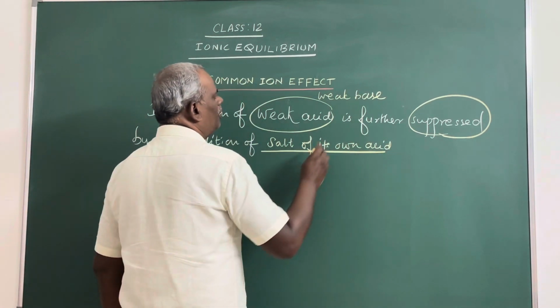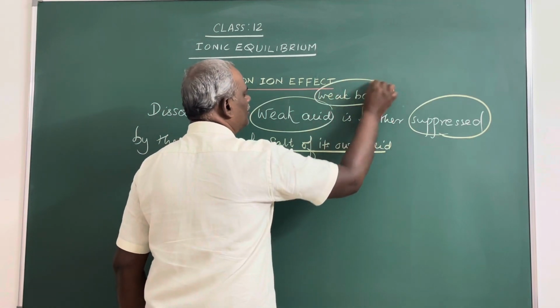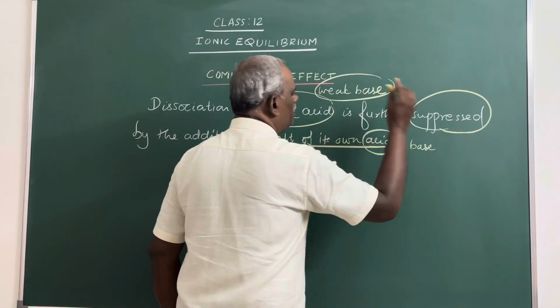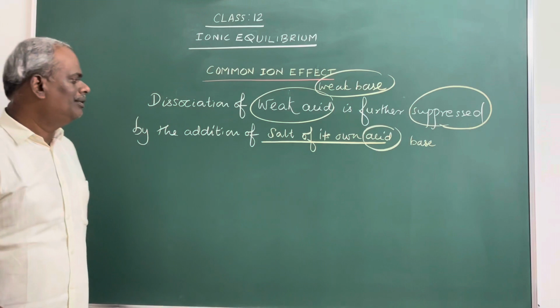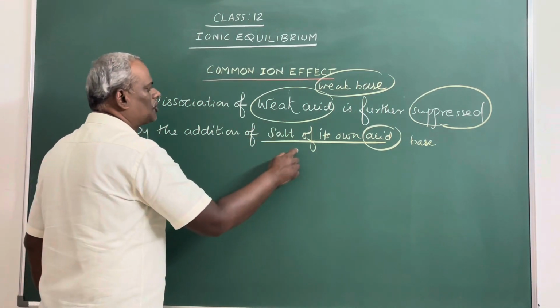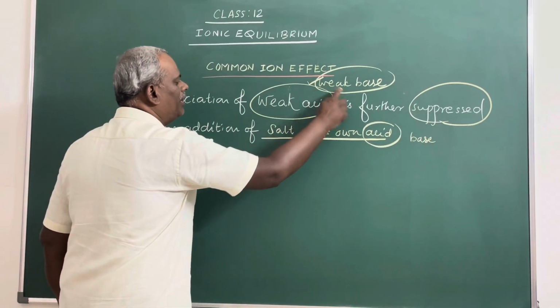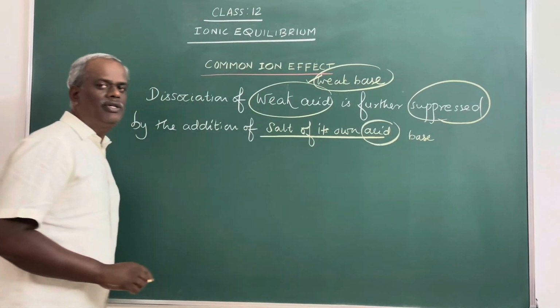When you take a weaker base, we should add the salt of that particular base. Previously we were seeing the acid and its salt. At present we have to learn about weaker base and its own salt.